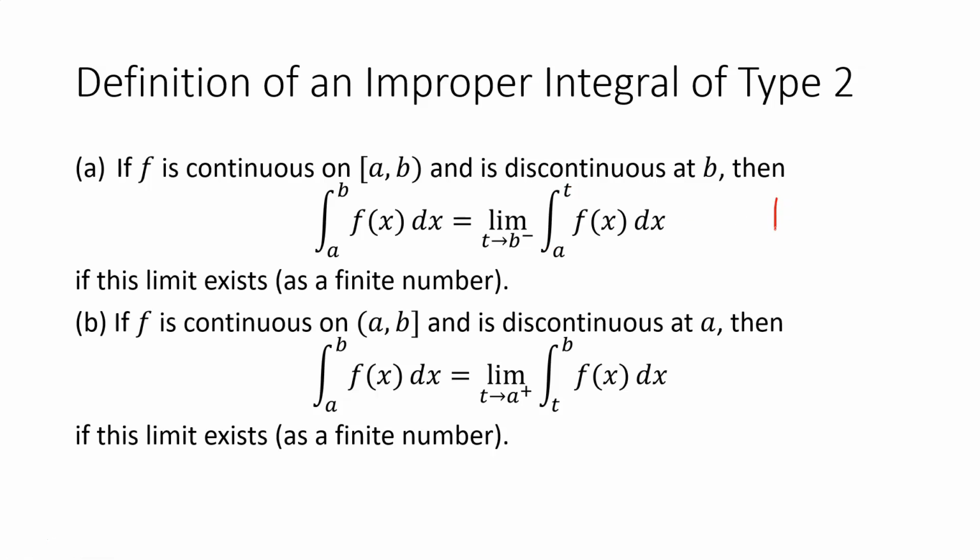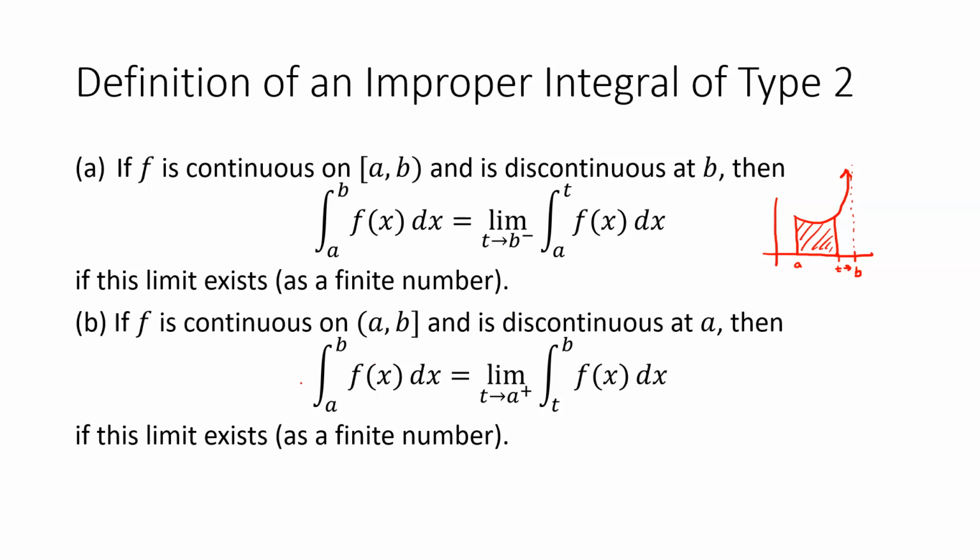Notice this is like the picture we saw a moment ago, where we're integrating the function from a to b, but b is really a vertical asymptote in the graph. The graph looks something like that. So we take the integral from a to t of that finite region, and then we see what happens as t approaches b, in this case from the left side.